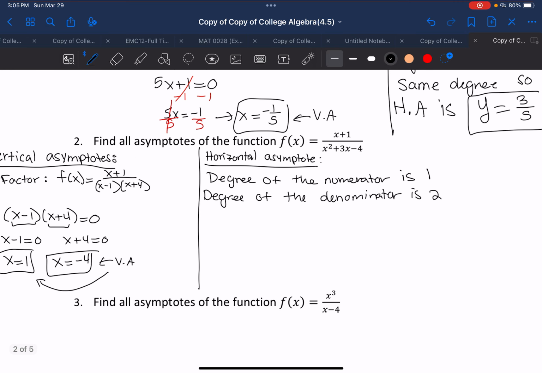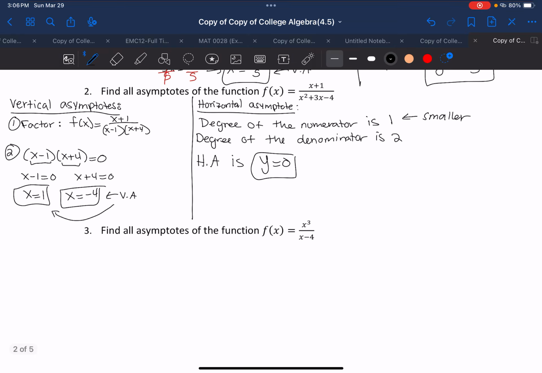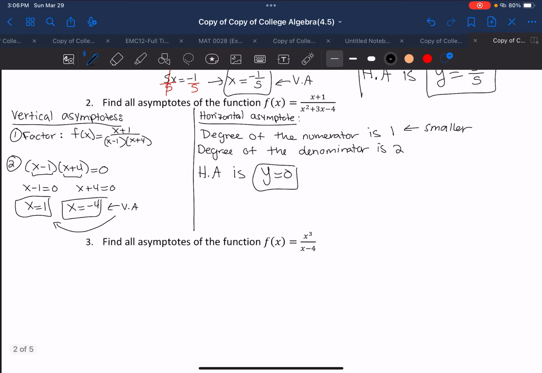So the degree of the numerator is smaller than 2, smaller than the bottom. So when the top is smaller, the degree of the numerator is smaller, the horizontal asymptote is y equals 0. Always.